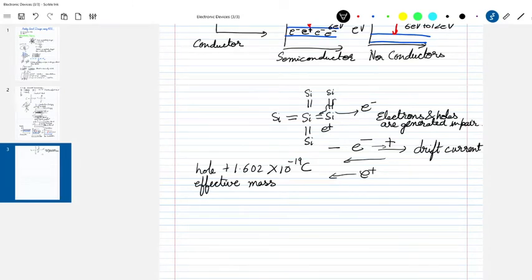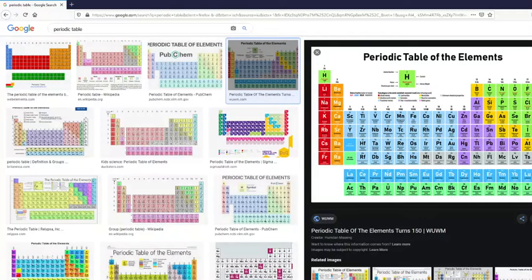So let's go back to the periodic table. Let's look at gallium, and then silicon is over here, and then arsenic. What's happening here is the effective mass of a hole in silicon is less compared to the effective mass of a hole in gallium arsenide.